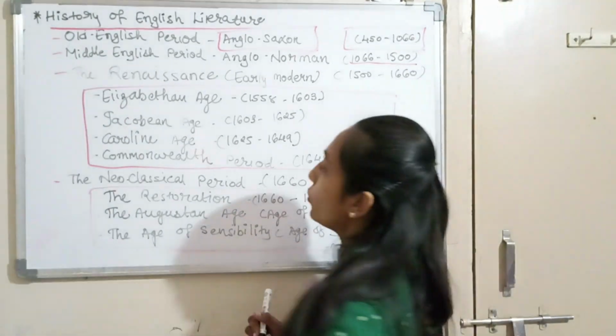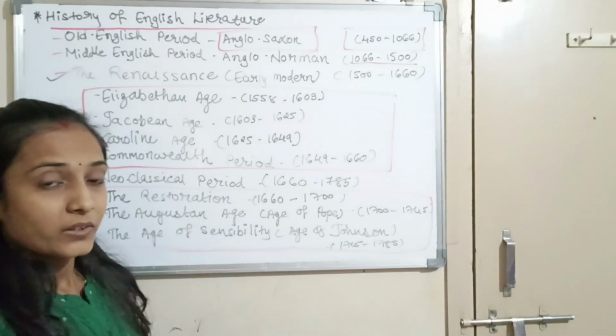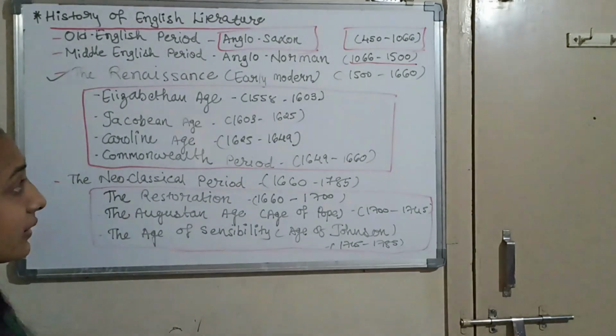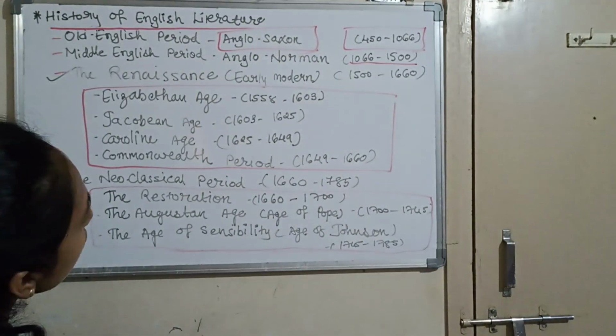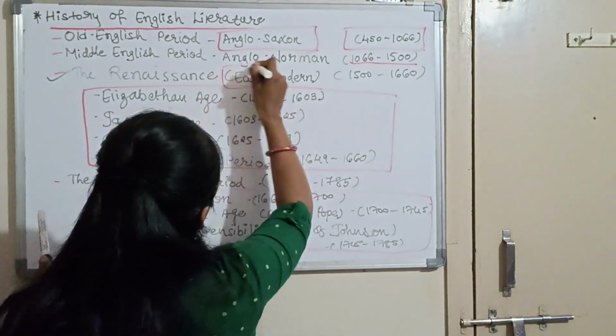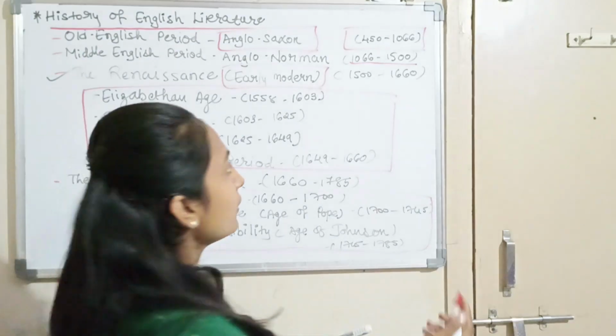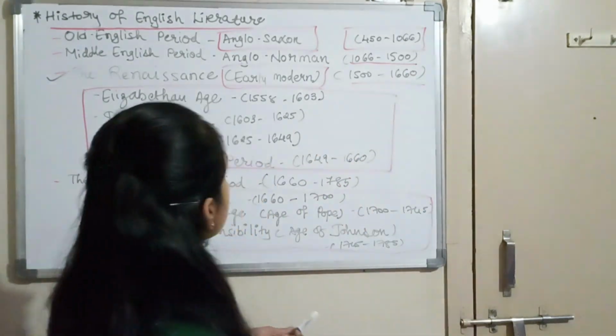And then we have the Renaissance, the Reform or Revival, or the New Beginning, we can say in simple language. That is also known as the Early Modern Period, and that began from 1500 and ended in 1660.